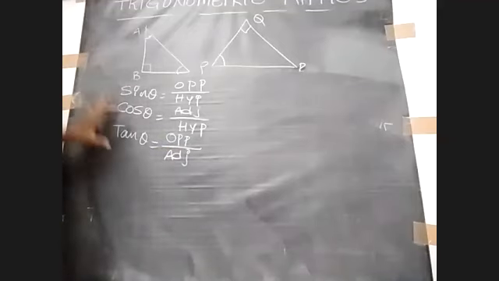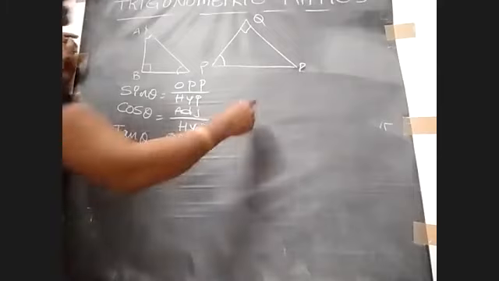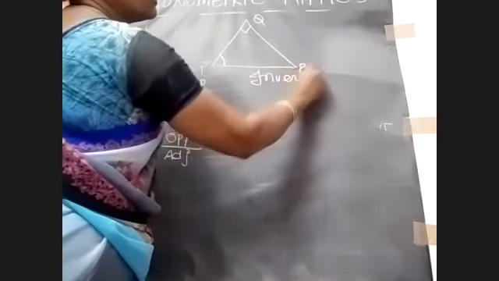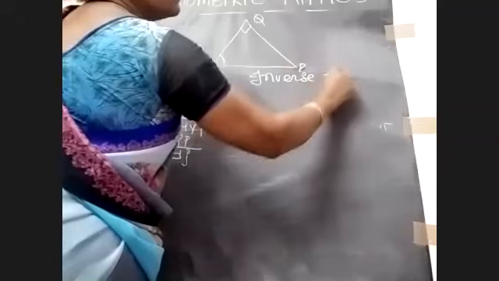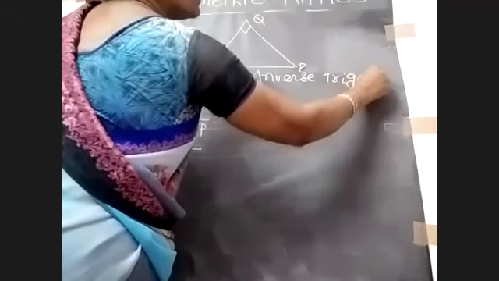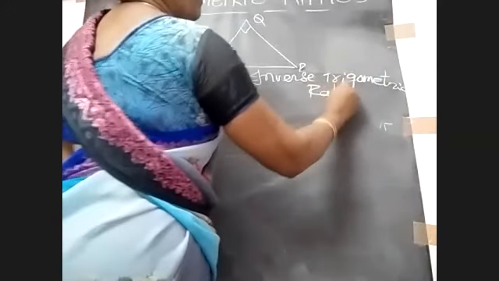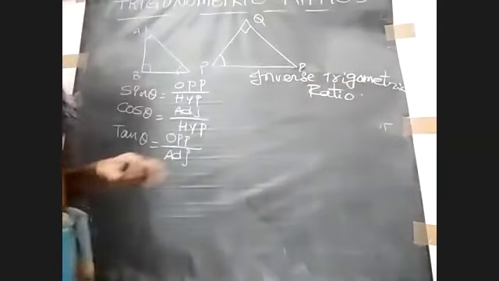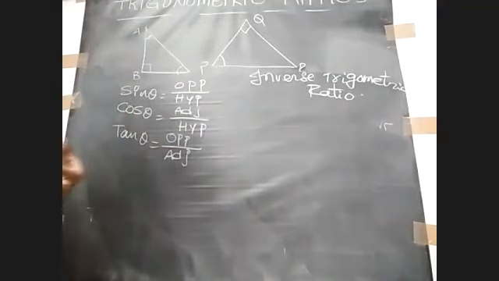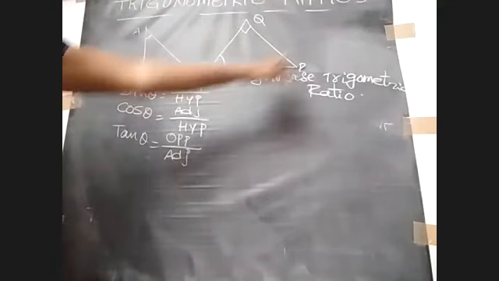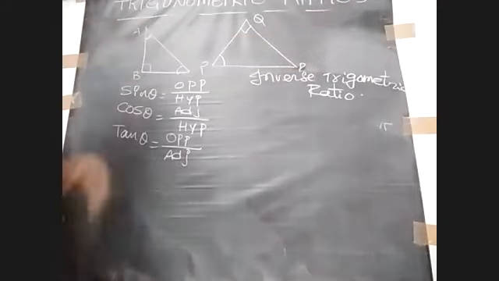Okay, these three are trigonometric ratios, and I am giving you the inverse trigonometric ratios. What is the meaning of inverse? You get reciprocals. The reciprocal of a given ratio is nothing but the inverse trigonometric ratio.